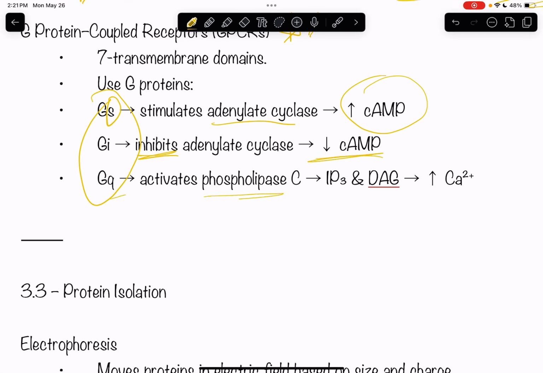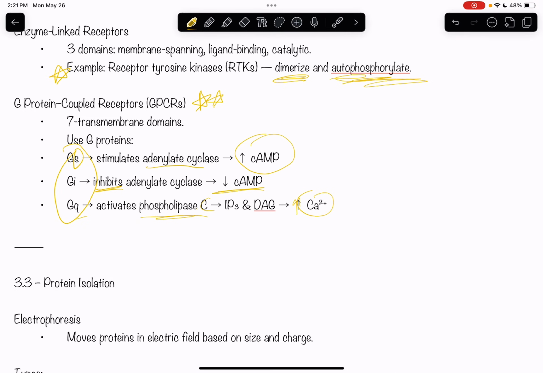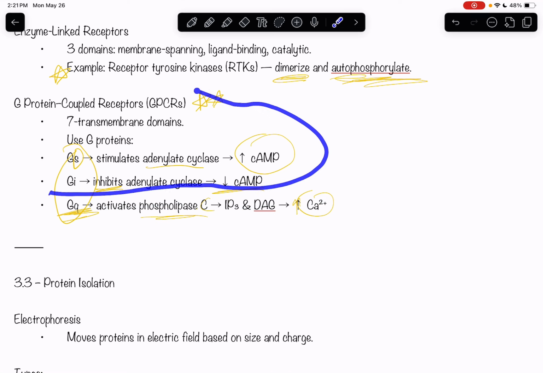Gq activates phospholipase C. So you turn PIP2 into IP3 and DAG, and then that's going to give you increased calcium levels. I would say this one of all is probably the least important one, so if that one came off as confusing, that's fine. But what I really want you guys to understand is the rest of this: 7 transmembrane protein, it uses G proteins.